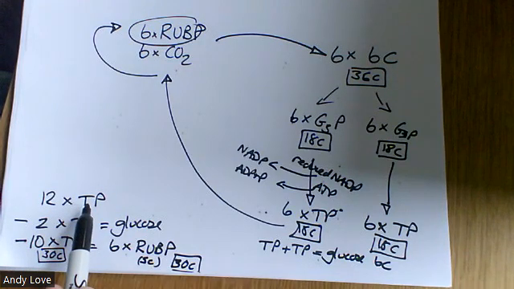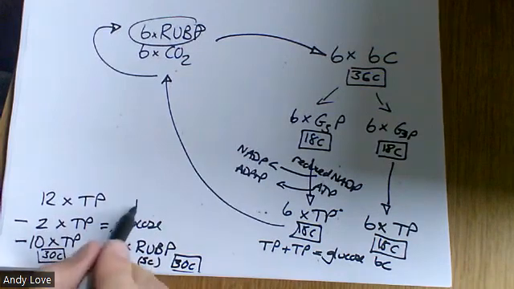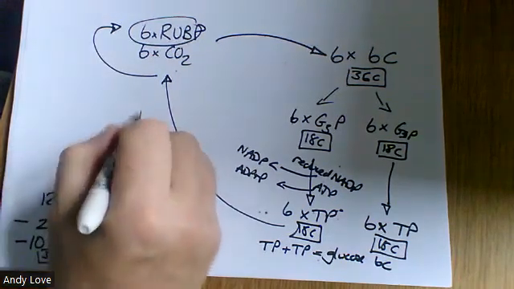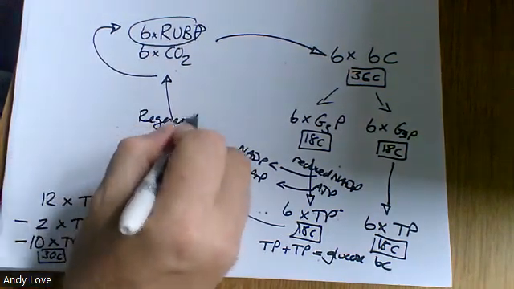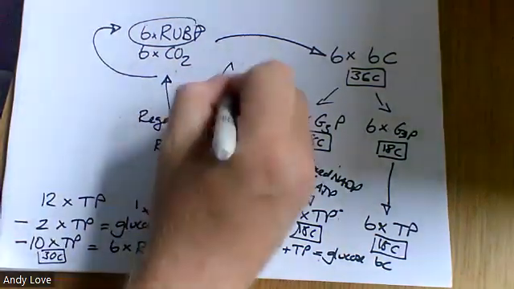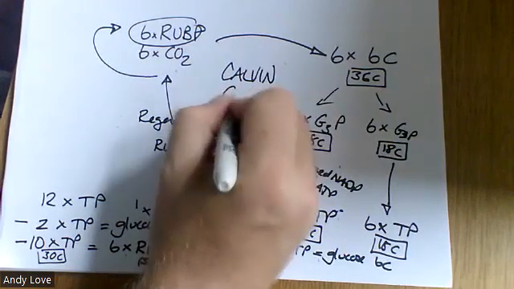And of those 12 molecules of TP, 2 will be used to make 1 molecule of glucose. And the rest, 10 molecules of TP, will be used to make 6 molecules of RUBP. And the term I'd love you to use is the regeneration of the RUBP. We call this the Calvin cycle.